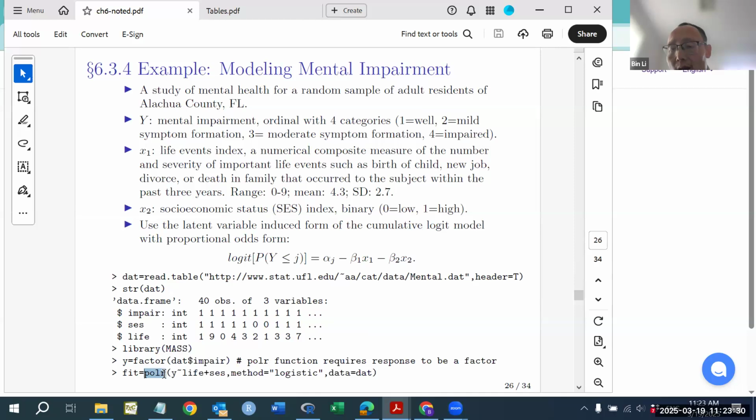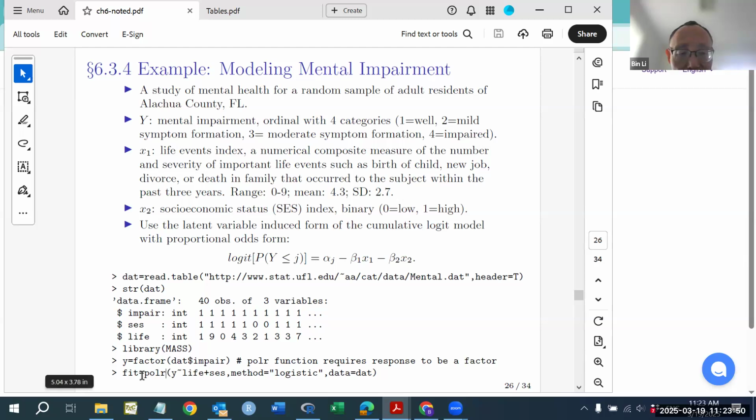So polr is a function to model the cumulative logit or the probit models, but through the latent variable models.